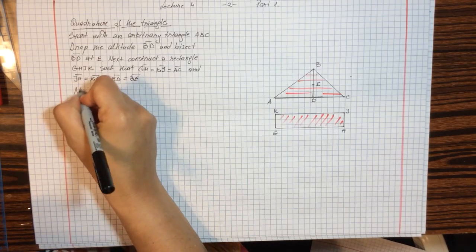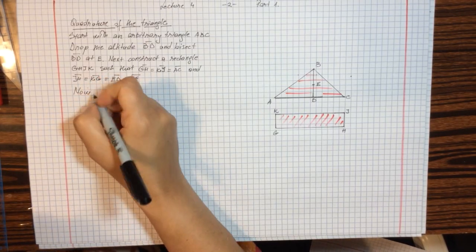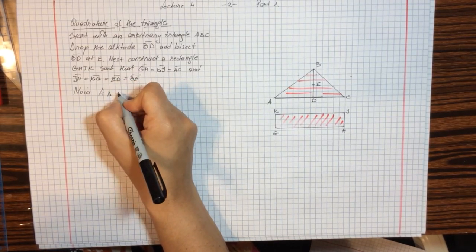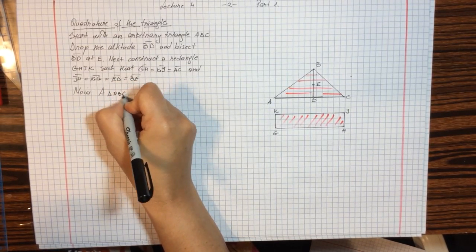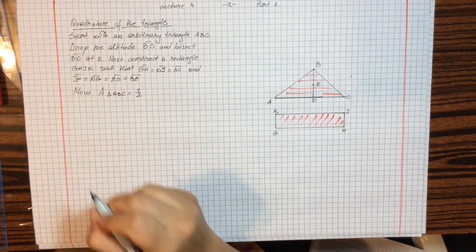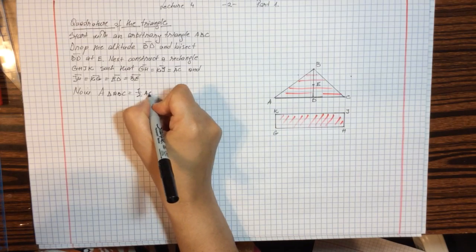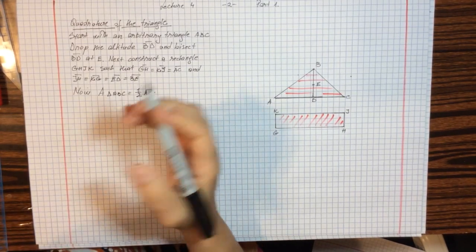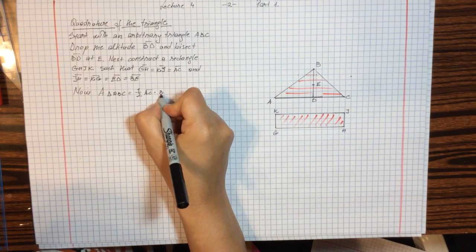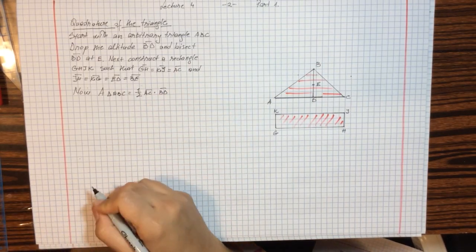Now, area of triangle ABC is equal to half the base times the height. So it is half the line AC, or its length or its magnitude, times the length BD.